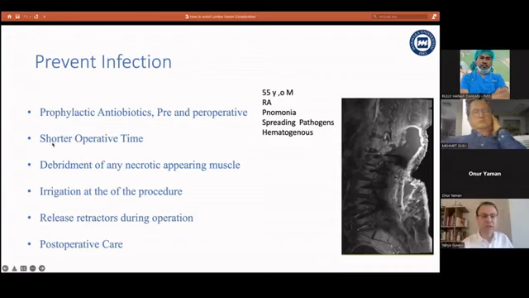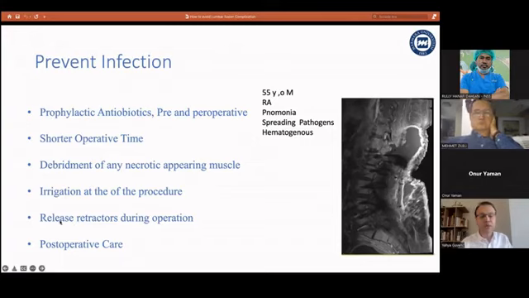We also prevent infections with shorter operative time, debridement of any necrotic-appearing muscles, which we do in every operation at the end, and irrigation of the wound. Sometimes we use 1 liter of physiologic serum for washing everywhere if we make long level instrumentation.